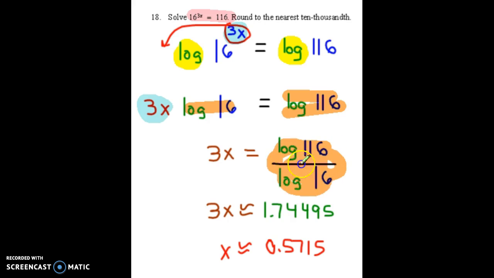So I divide by the common log of 16, and that's how I got this number. And I have 3x. So I divide both sides by 3, so I get x equals approximately 0.5715. I take my number, plug it in using my calculator to make sure it's correct, and it is.